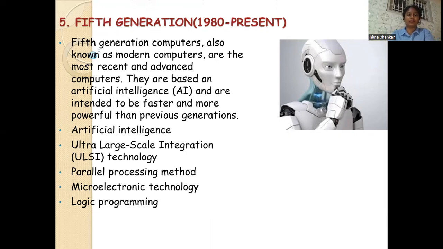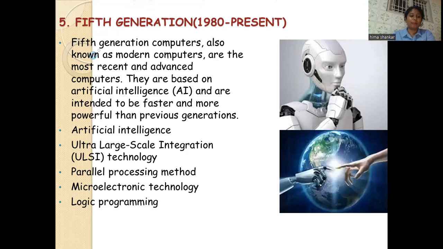Artificial intelligence, ultra large scale integration technology, parallel processing method, microelectronic technology, logic programming. So in the presence of artificial intelligence, we can fetch information faster than in the other generations. It also made the world grow faster with the technology we are using.